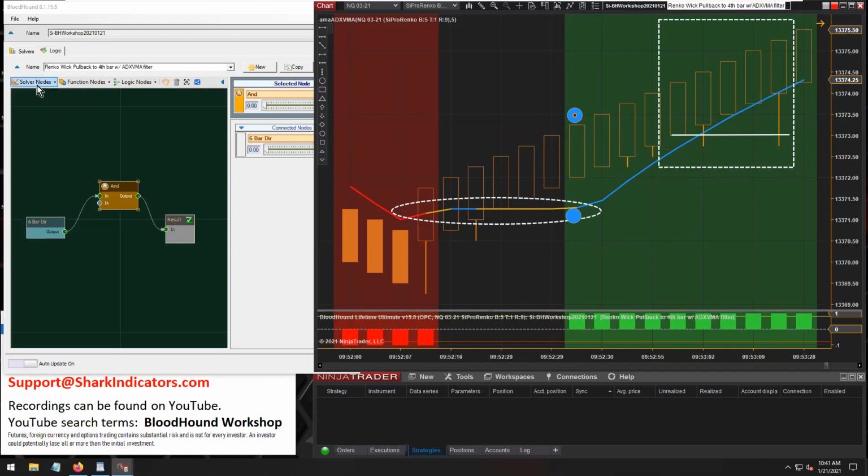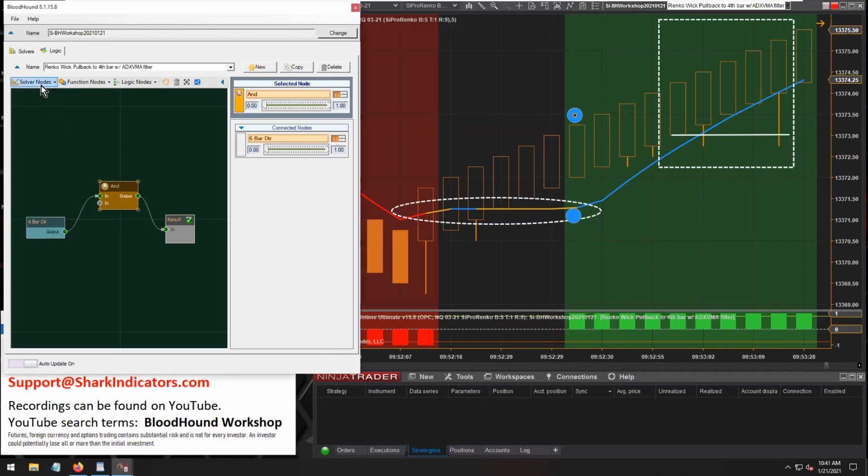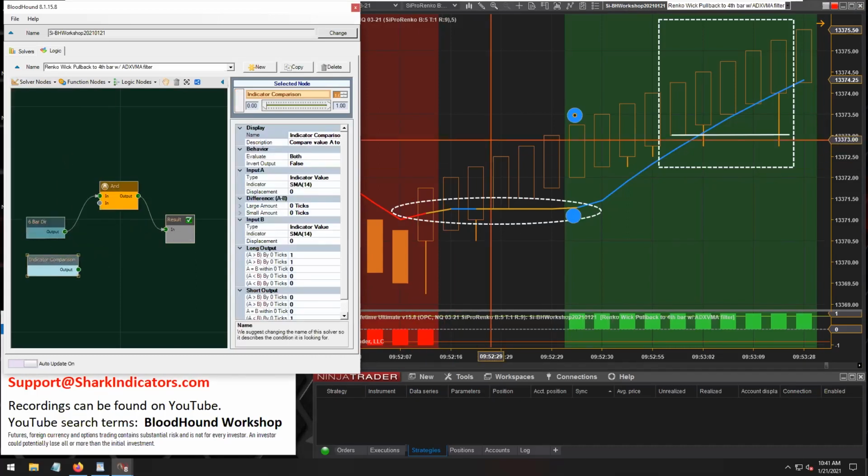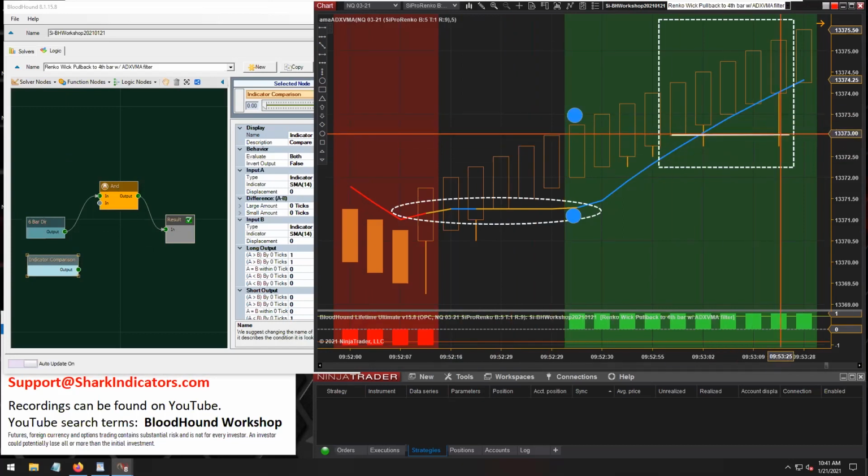So to do that, we're going to use a comparison solver. And so what are we comparing? Well, we're comparing price, which is the closing price.